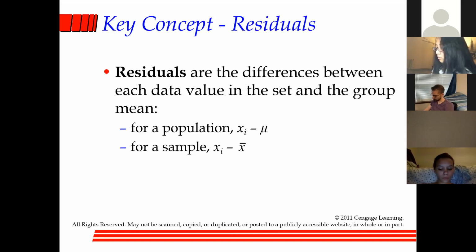And notice that if we have a population of data values, we see X minus mu, because mu is the population mean. And if it's a sample, then it's X minus X bar, because X bar is the sample mean. Remember, for population, we use the term parameter, and the parameter for the mean is mu.